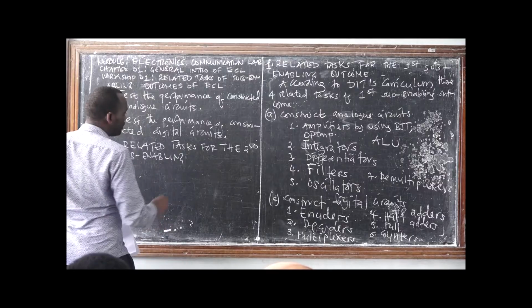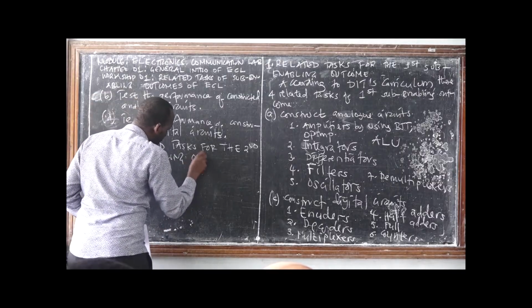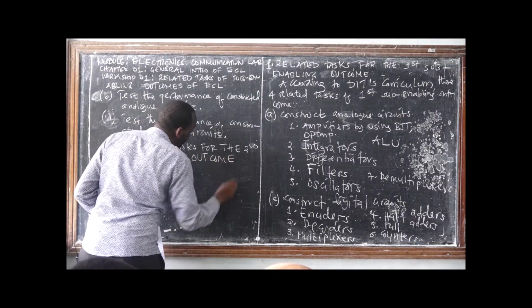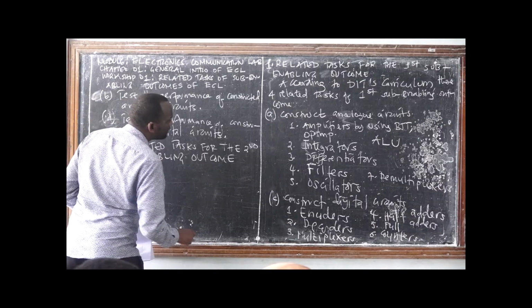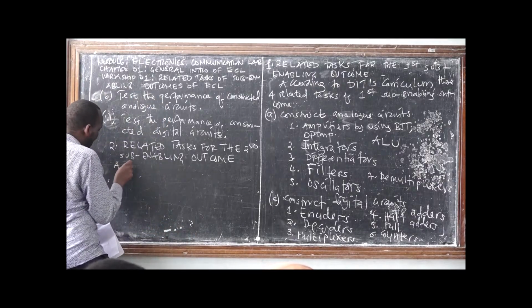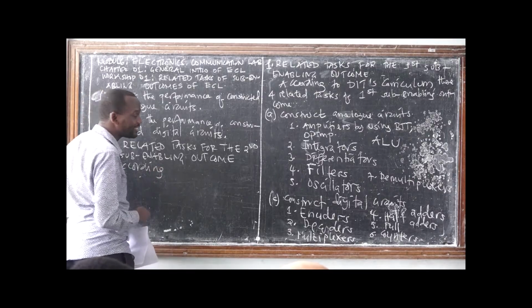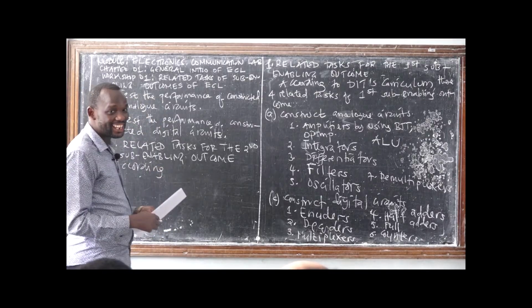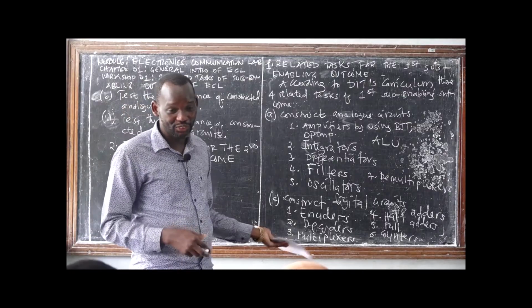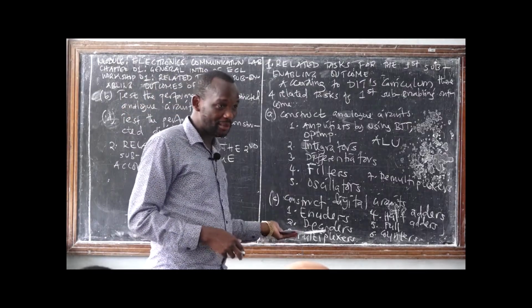Nobody insisted you to support it. You were supporting yourself and possibly you went to watch the match. So this is Simba and Yanga. So possibly, electronic communication laboratory is Simba and you are Yanga. You are going to defeat it. Or electronic communication laboratory is going to defeat you.